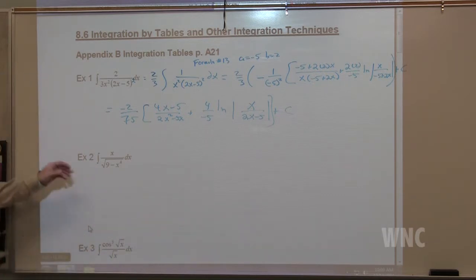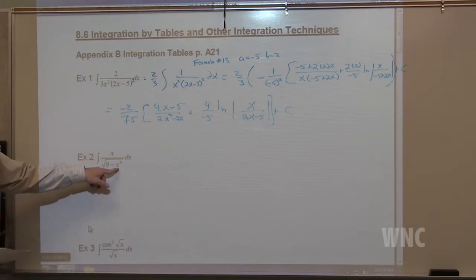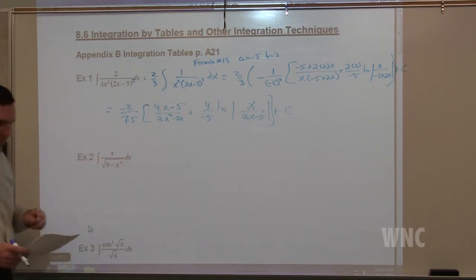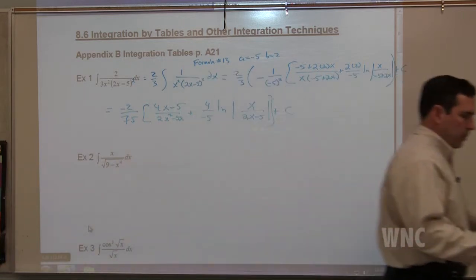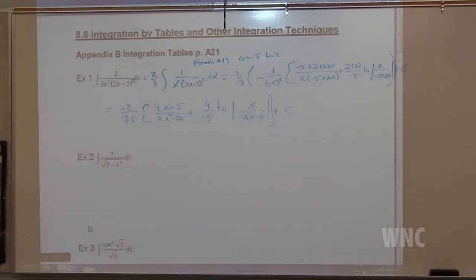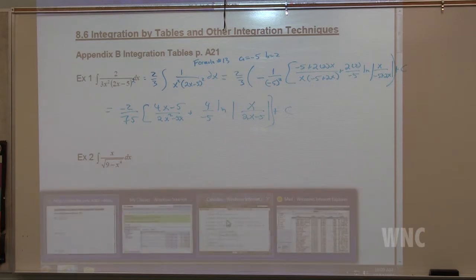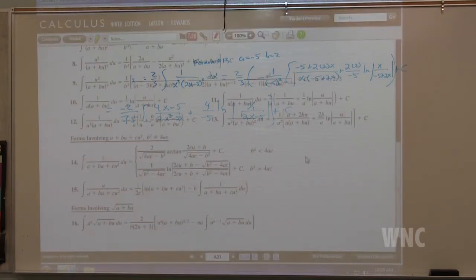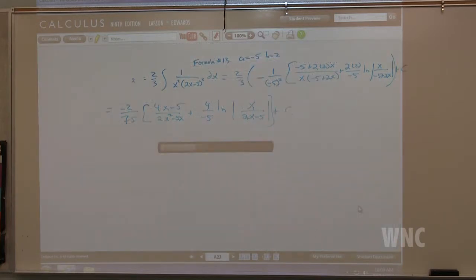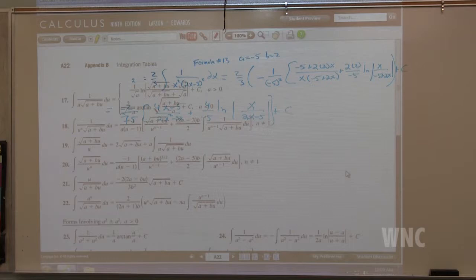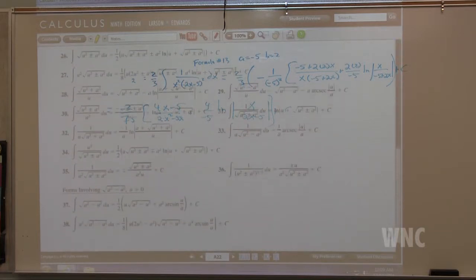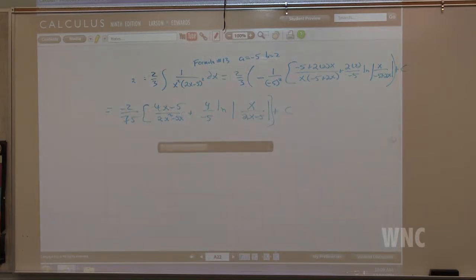Okay, so I'm going to go on to example 2. We have the integral of x over the square root of 9 minus x to the 4th dx. Looking over at the chart, that's the end of that page. Go to the next page, A23.